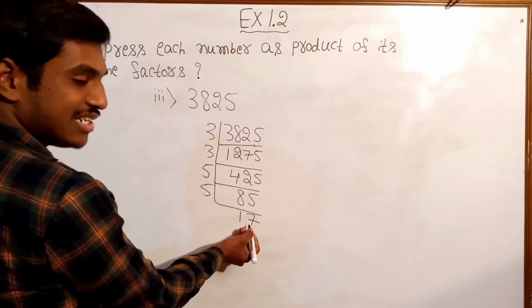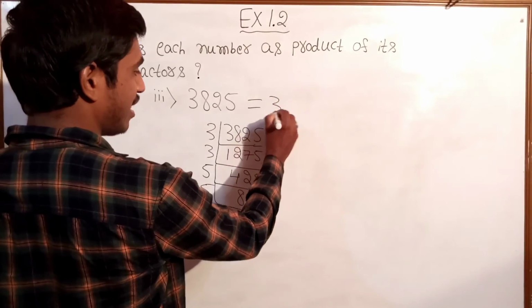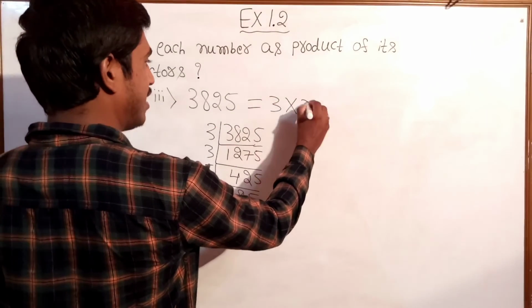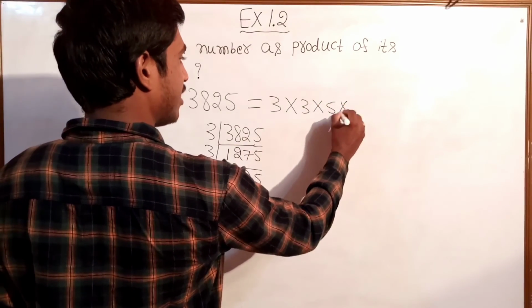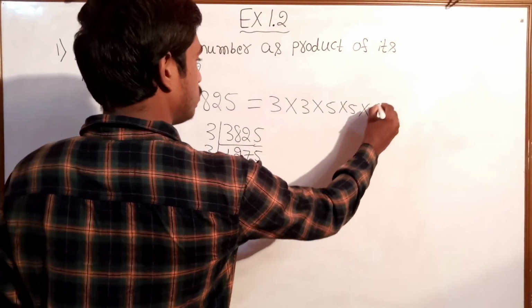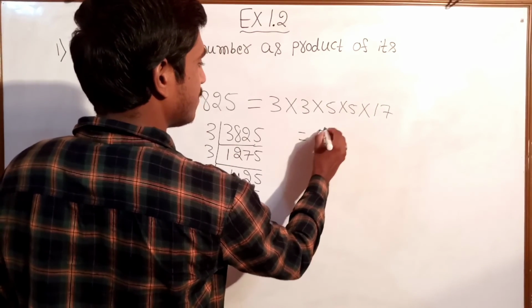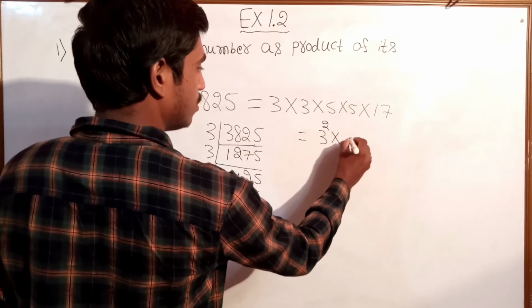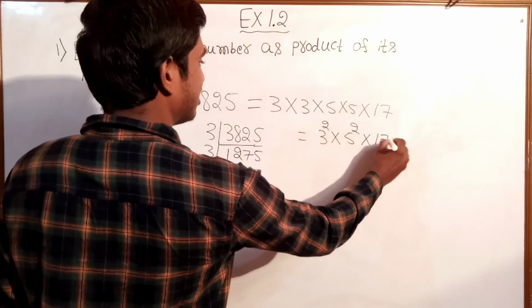So 17 is a prime number, hence we will stop. We can write it as 3 into 3 into 5 into 5 into 17, or this can be written as 3 square into 5 square into 17.